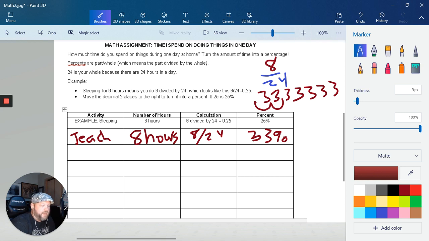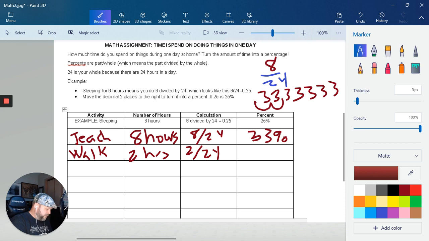Let's say, in the perfect world, I would take the dog out for a walk for, let's say, 2 hours, right? That would be the perfect world. So we're going to do 2 divided by 24.